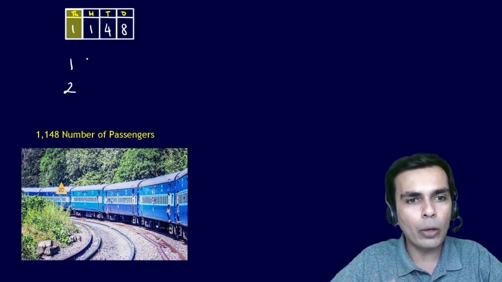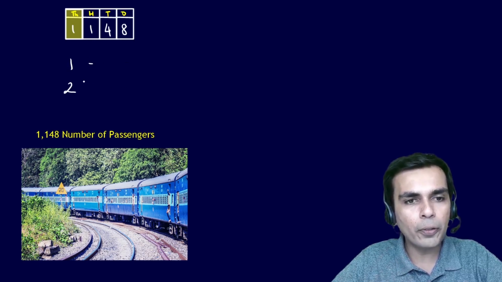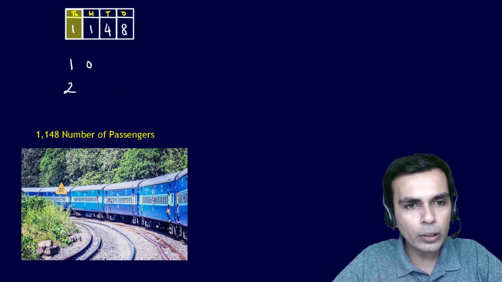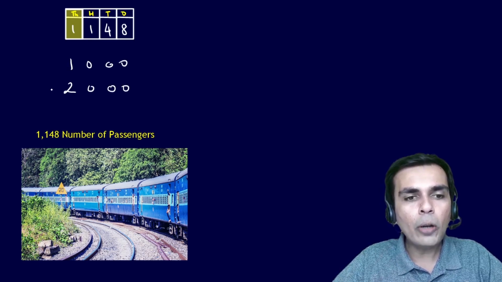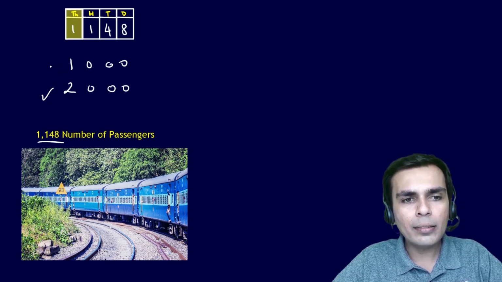We only look at the thousands, and you can keep a dash here, or if the dash is a problem, you can also think of this as 000 and 2000. Now 2000 would be an estimate very far away from these 1148 passengers. We rather say around 1000 people. So this 1000 is a good estimate to give.